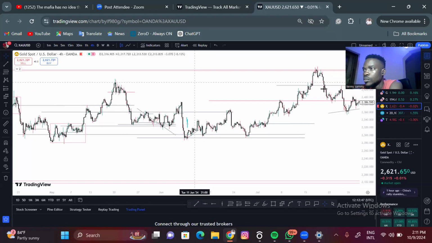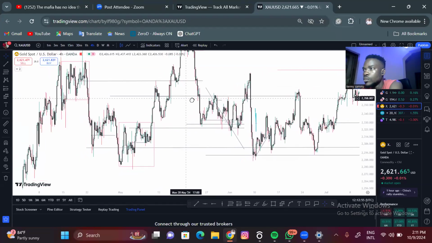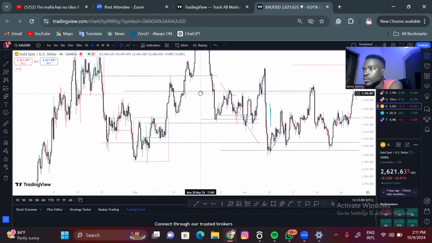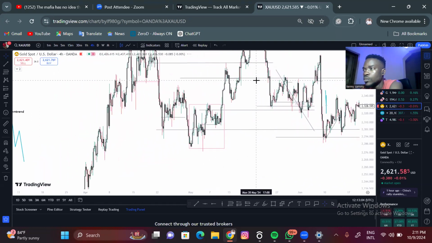Sorry, my chart is so messed up. We'll see a support break turn resistance soon. What we've been having here has been a left shoulder, but let me look.